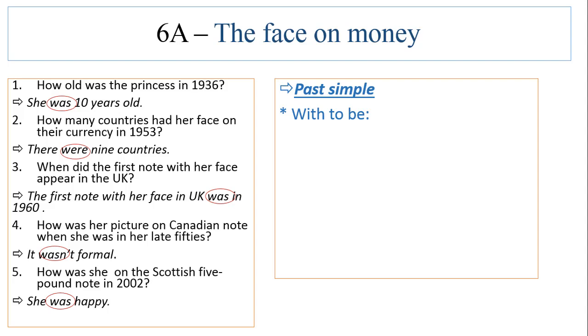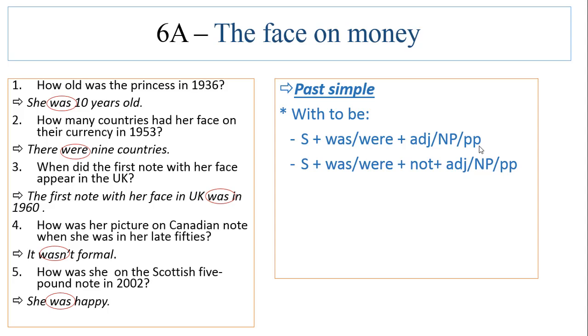Alright, so you can check your answers with my answers here. The first one. Here we have subjects. Now it goes with was or were. And after the to be again, an adjective, noun phrase or prepositional phrase.